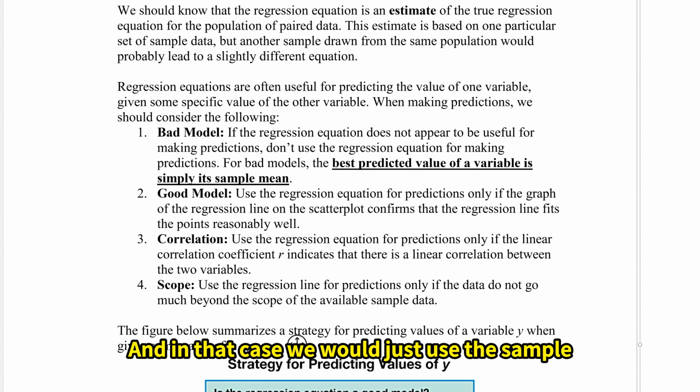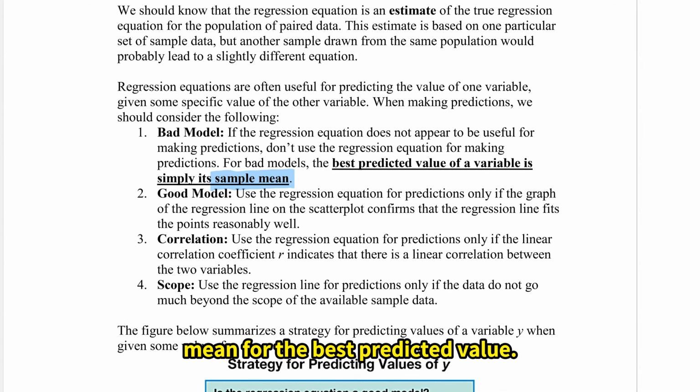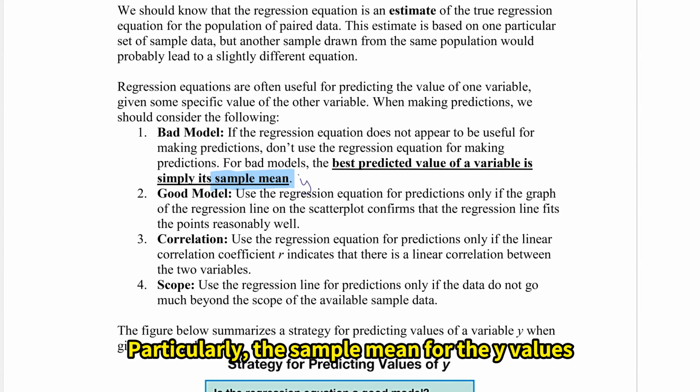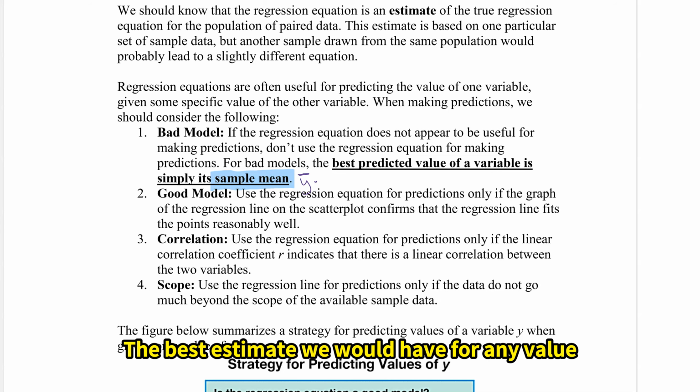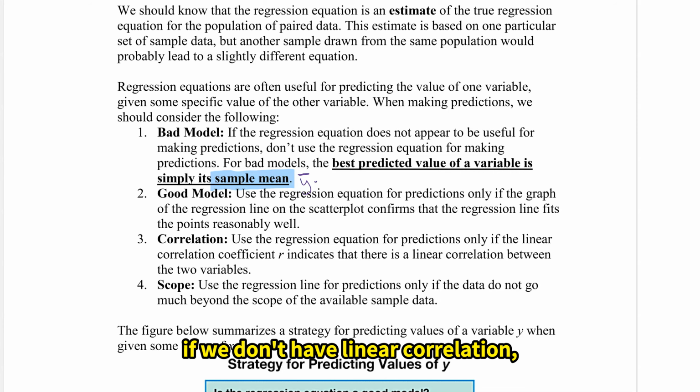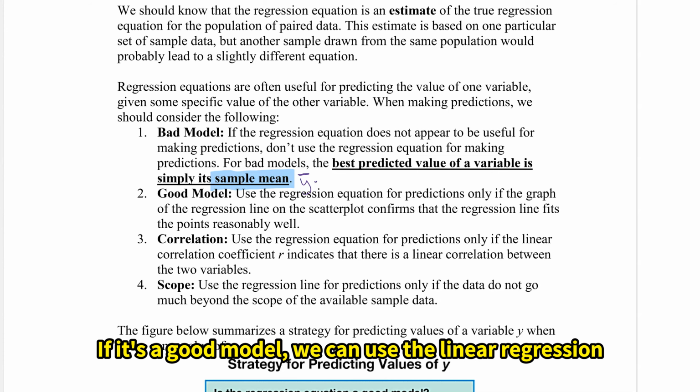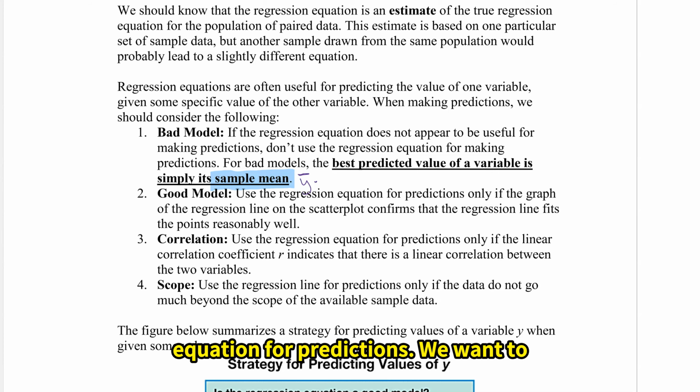And in that case, we would just use the sample mean for the best predicted value, particularly the sample mean for the y values. The best estimate we would have for any value if we don't have linear correlation is to just use the sample mean.